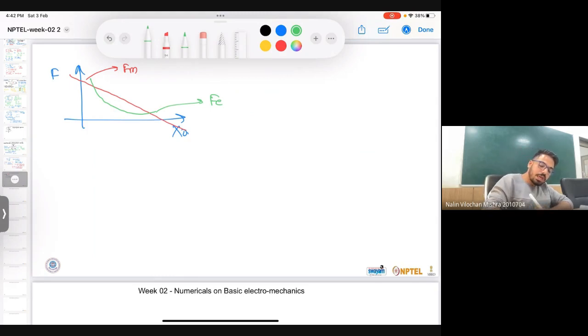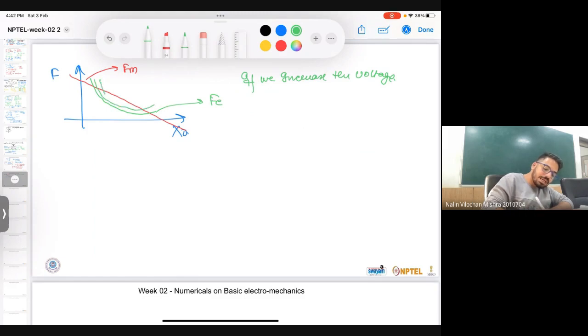Now if we increase the voltage, then this curve will have another set of roots.